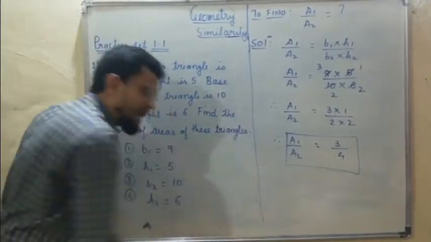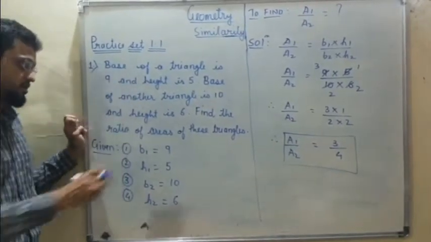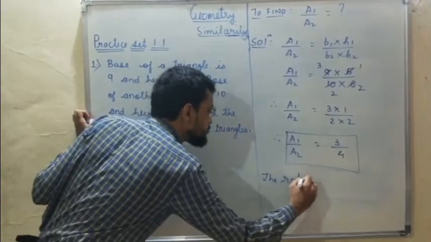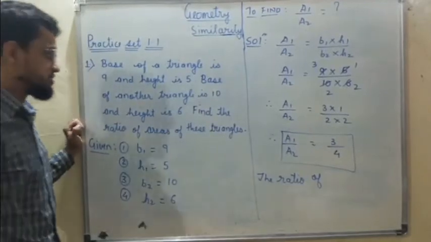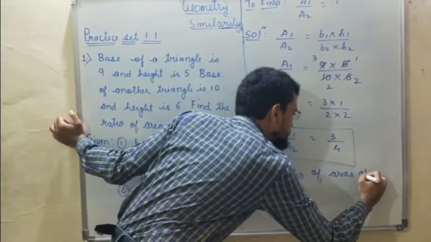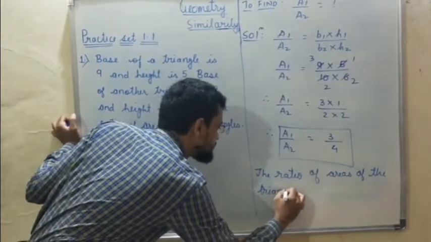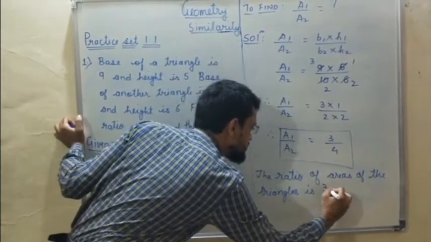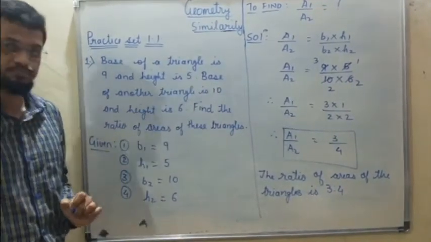So at the end of every word problem, every numerical, we have to write a statement. The ratio of areas of the triangles is 3:4, or we can also write it as 3/4.